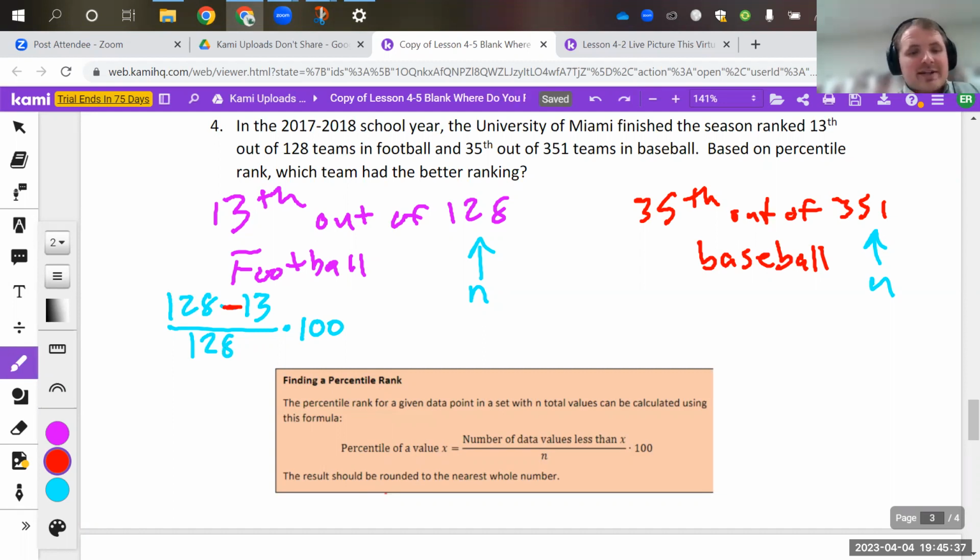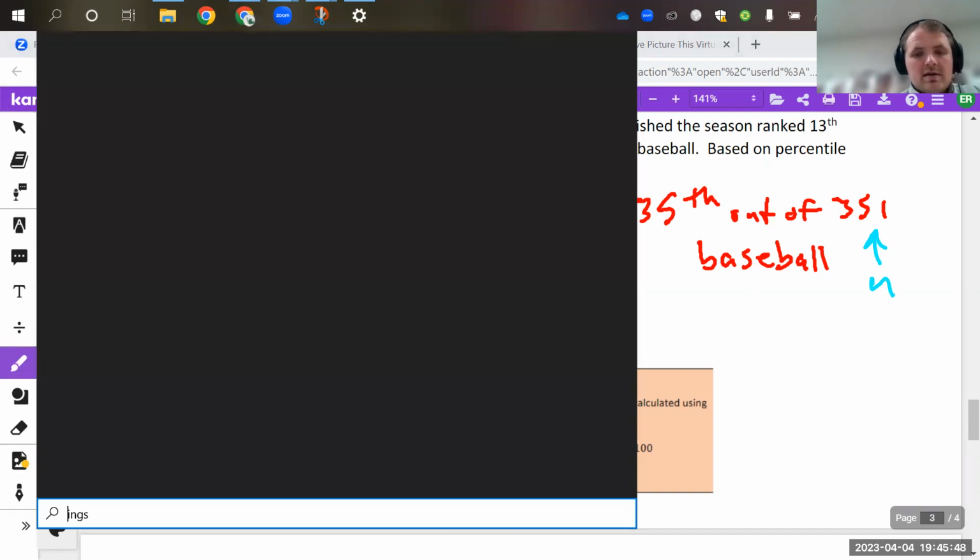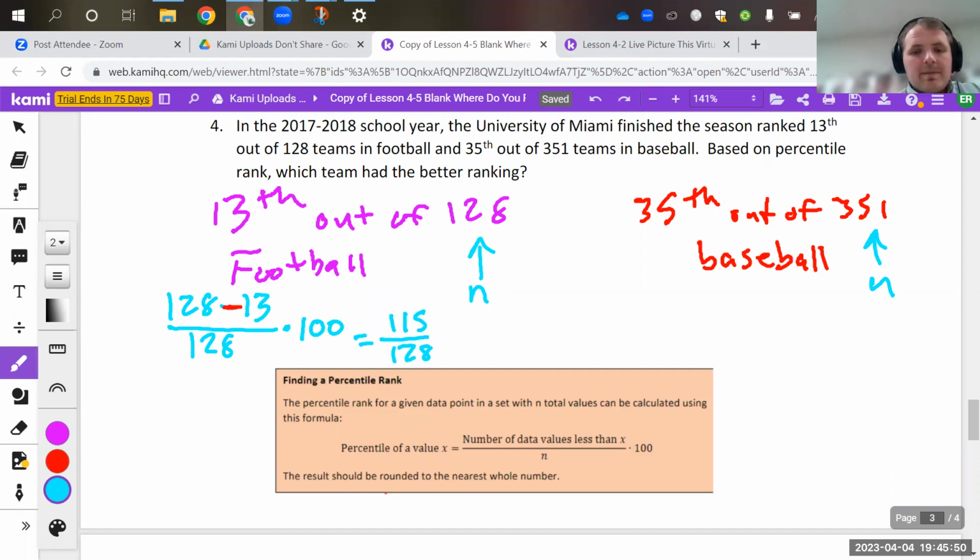We got to subtract those first, get 115 on top, all over 128. Again, that 115 is the number of teams that are worse than Miami. Times 100 again. Putting that into your calculator, it looks like you would get 89.8.